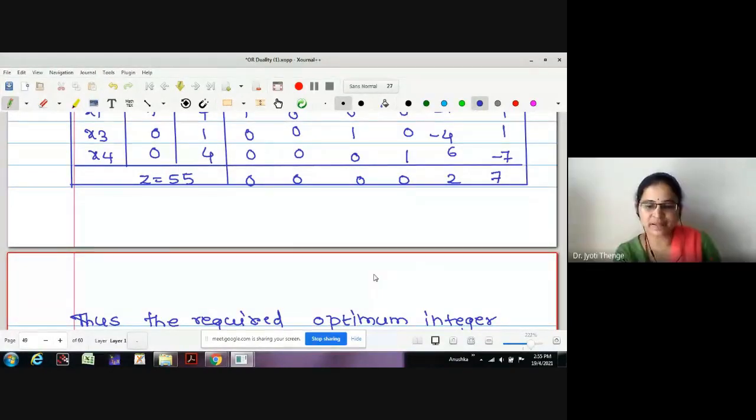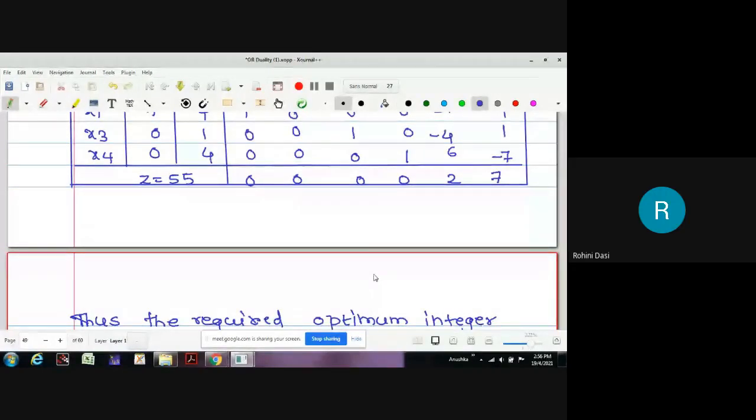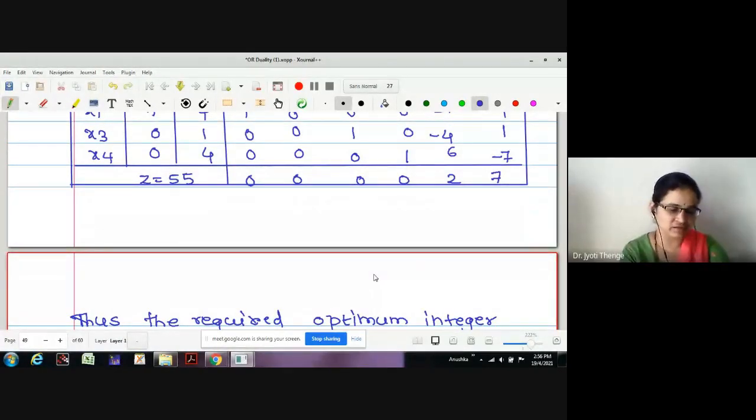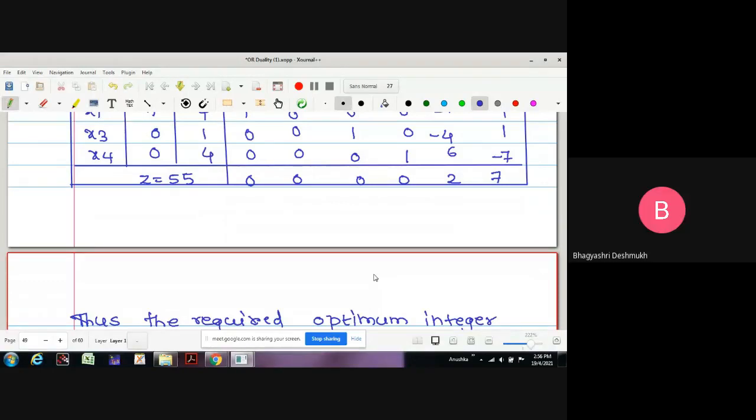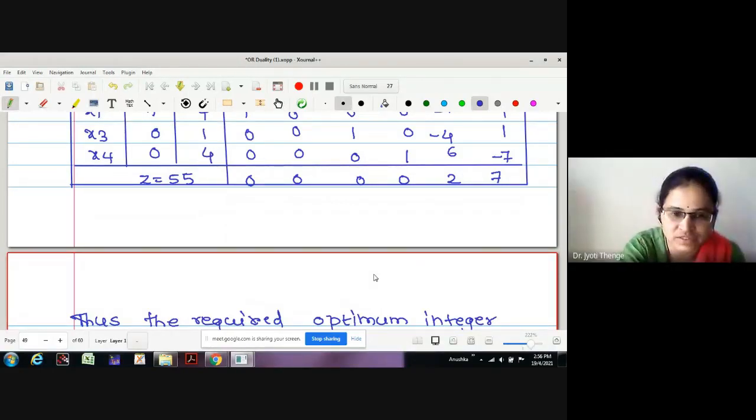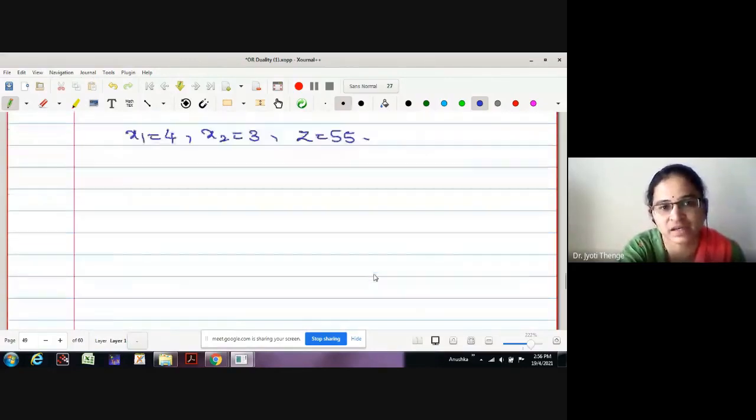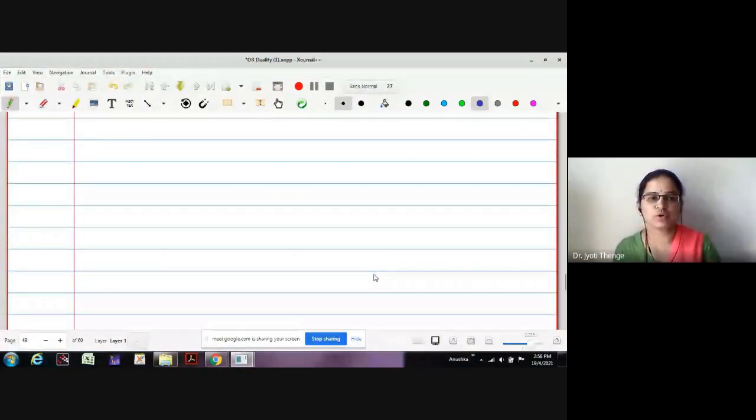So we take one more example then, by the shortcut method. I think I have given you one example again for solving. You just tell me the same example. We will start with that example. I hope you have solved it by the simplex method.